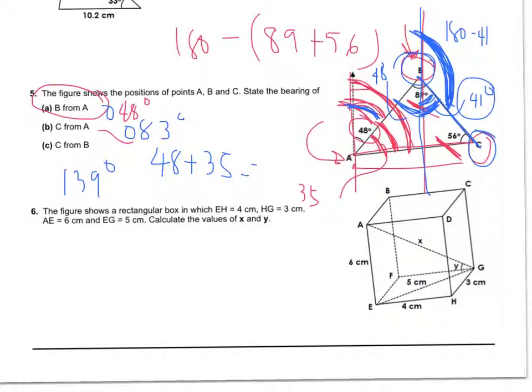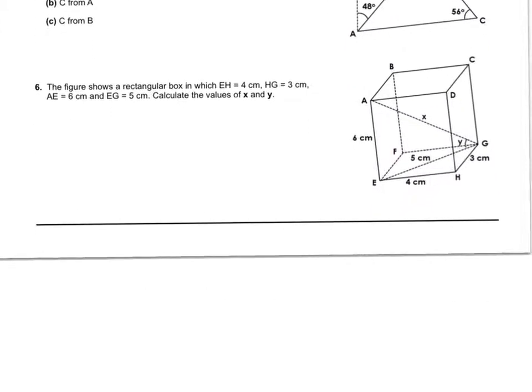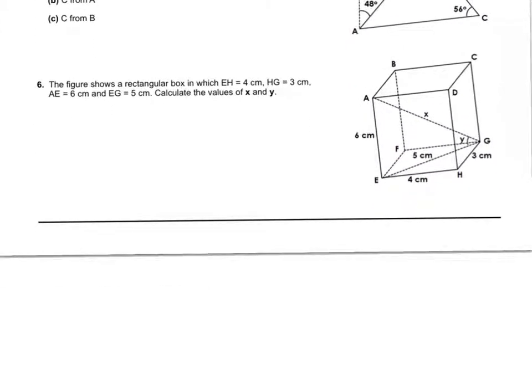Let's look at number 6. It looks complicated, but let's just take the information one at a time. The rectangular box in which EH is already there.